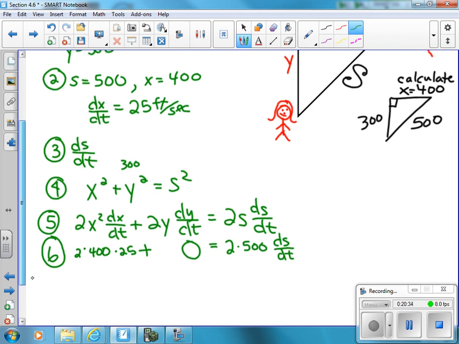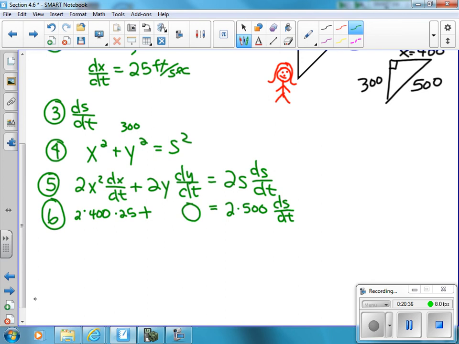Okay, so we have 1,000 ds/dt equals 20,000. Divide both sides by 1,000, and you get 20.